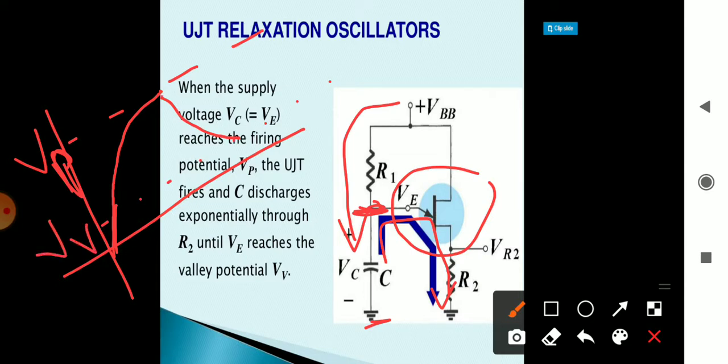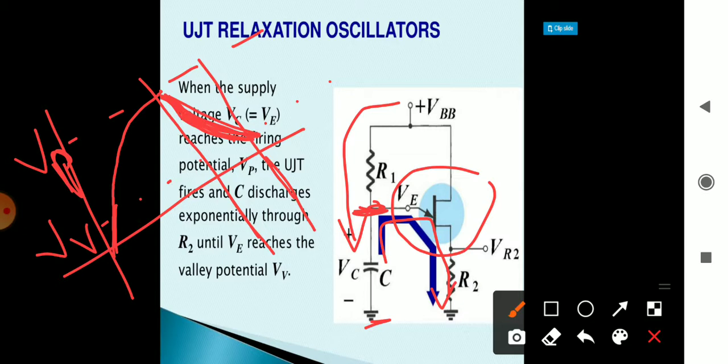When the capacitor discharges and reaches the value of VV, then the UJT will turn off. This acts like a pulse. This is the period during which the UJT is turned on. Once again I will repeat.